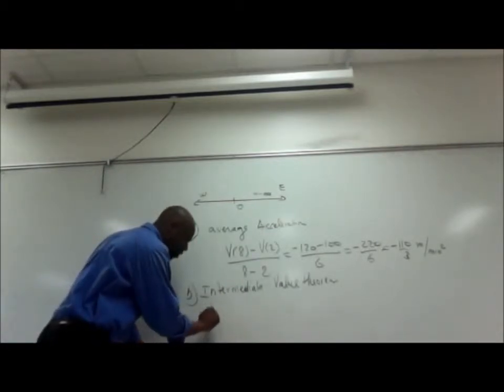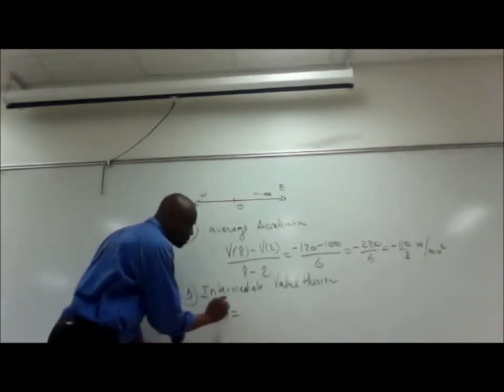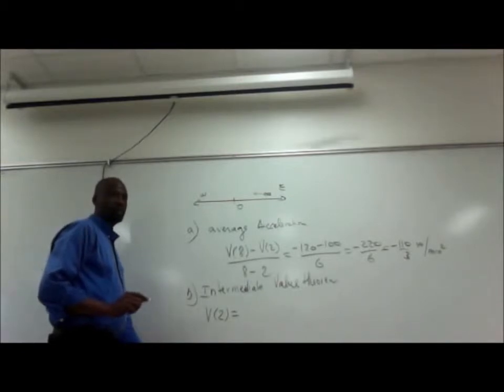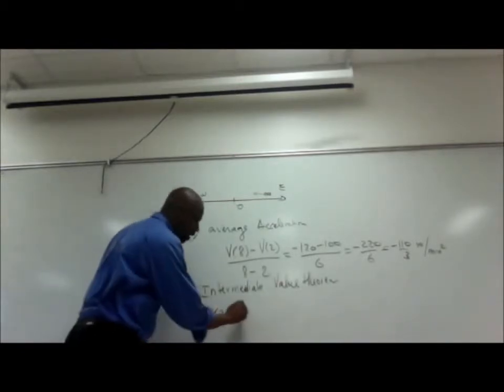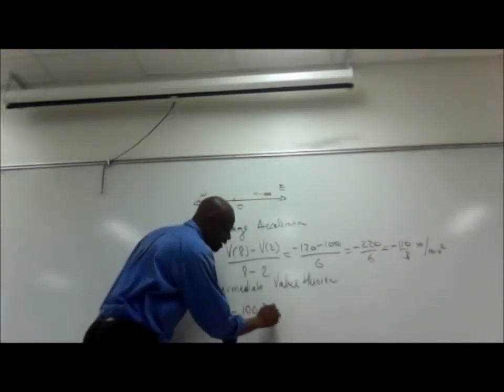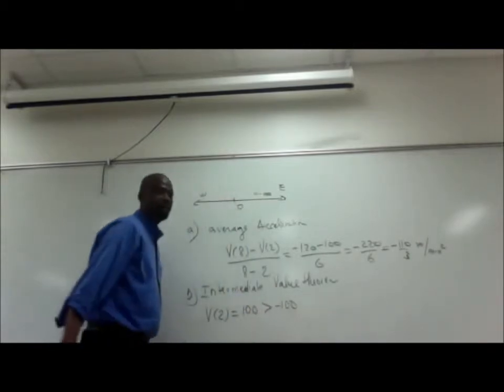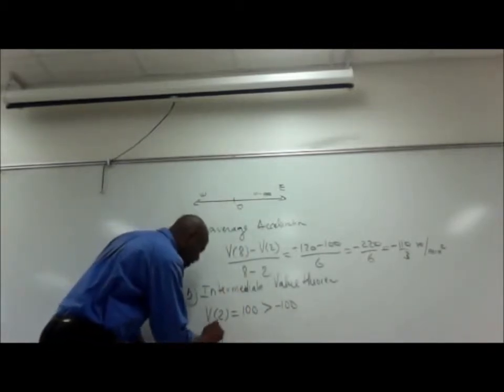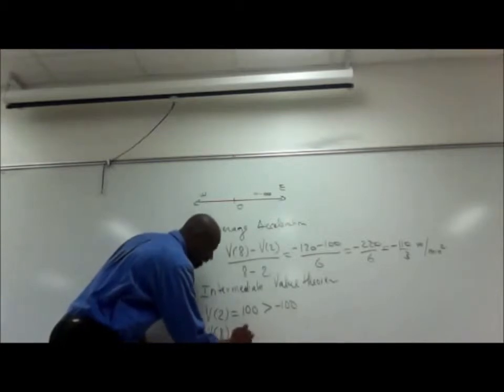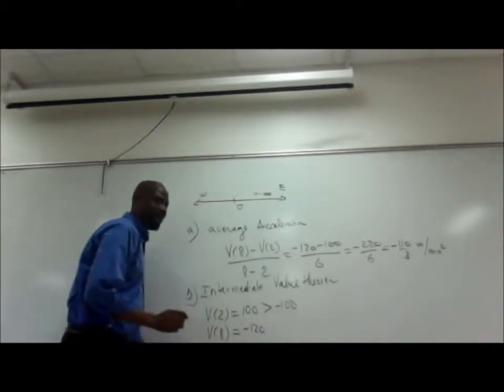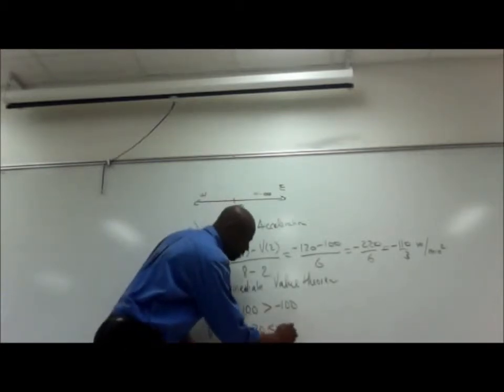You're going to find v of 2, which is 100. Okay, 100 is bigger than negative 100. Then you find v of 8, which is negative 120, less than negative 100.